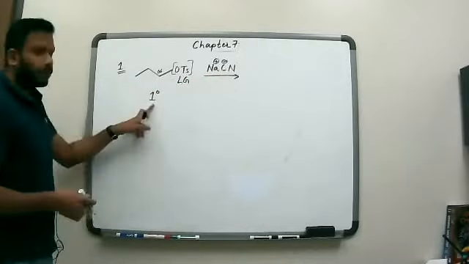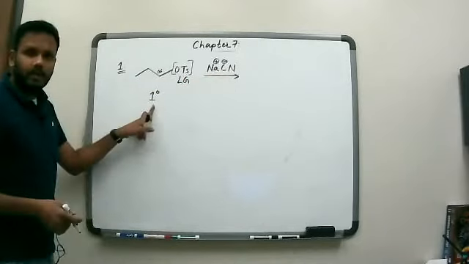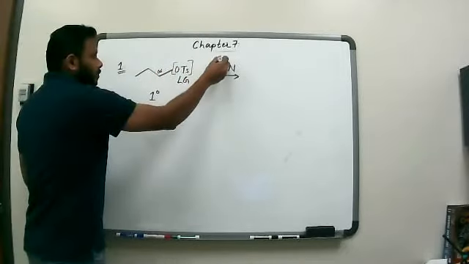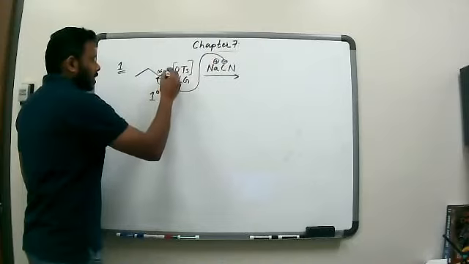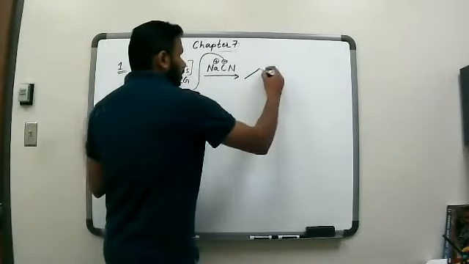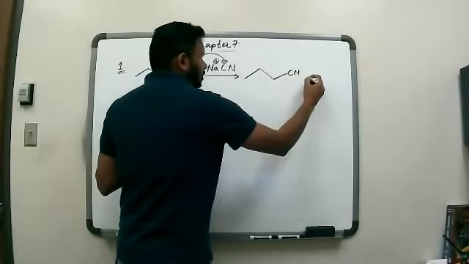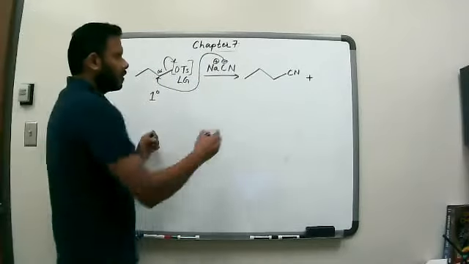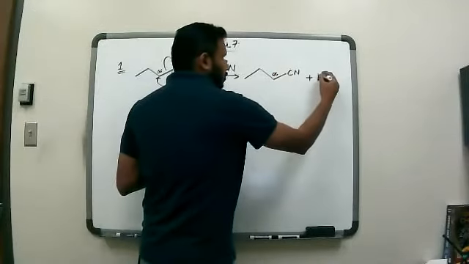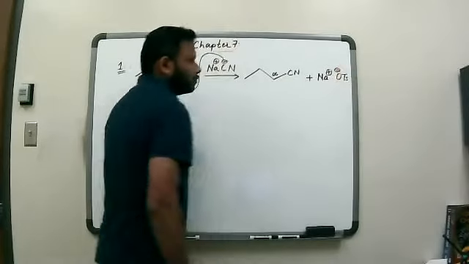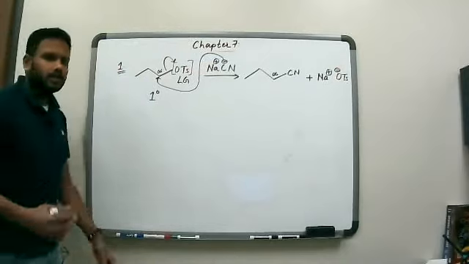So, related to a primary alkyl halide, a primary tosyl ester with a good nucleophile would undergo an SN2 reaction. The cyanide is going to attack, and so our product is going to be a nitrile where the cyanide is now connected to that alpha carbon, plus we will have Na+ and OTs-. So that's a reaction.